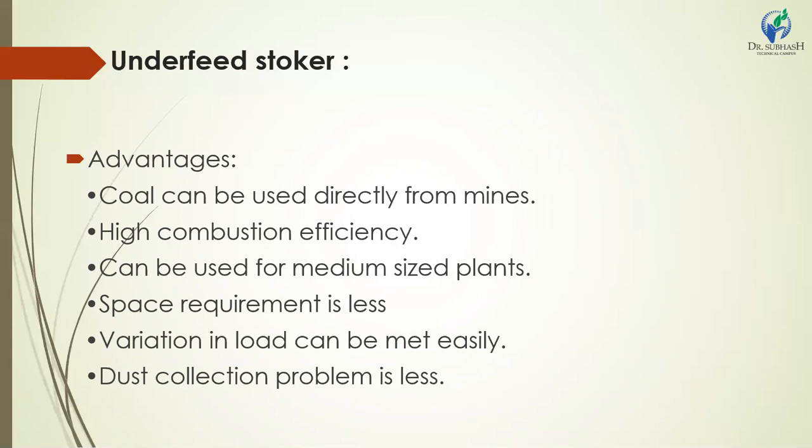Part load efficiency is higher with the multi retort stoker. Grate is self-cleaning. Sufficient amount of coal always remains on the grate, so the boiler is always operating even during temporary breakdown of the coal system. A higher combustion rate is obtainable. Different varieties of coal can be used.